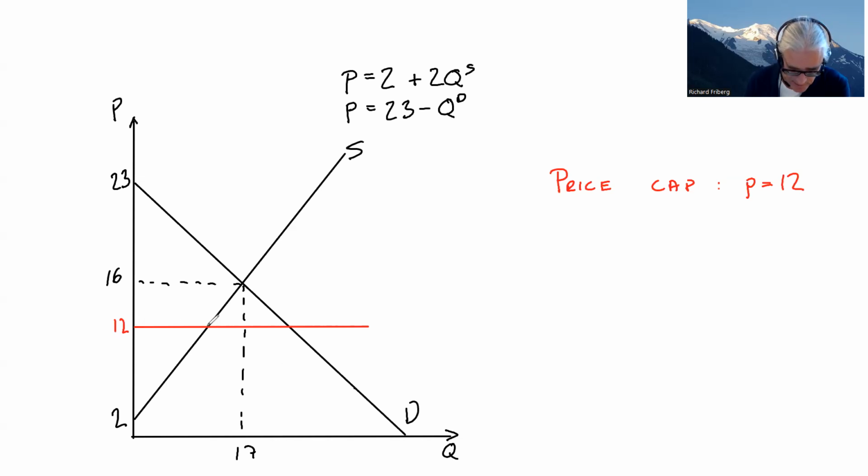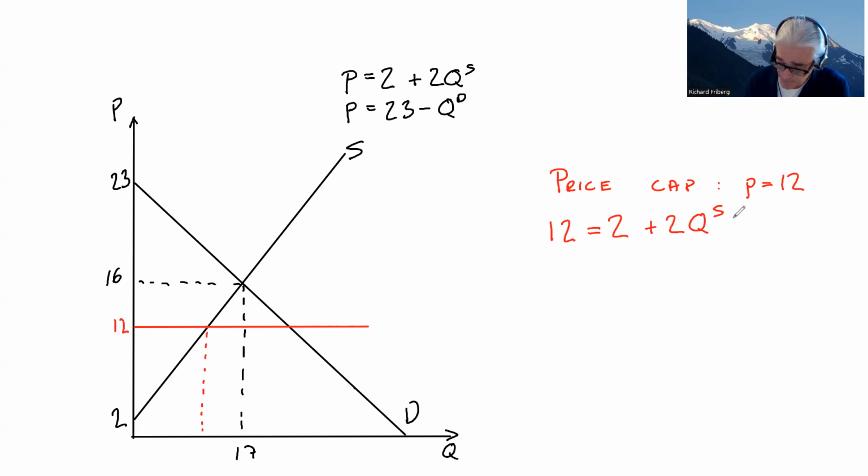Moving out along here, we first hit the supply curve. So how much is supplied at a price of 12? To get that, we look at the supply curve, of course, and plug in the 12 for price. The quantity supplied solves 12 equals 2 plus 2 times QS.